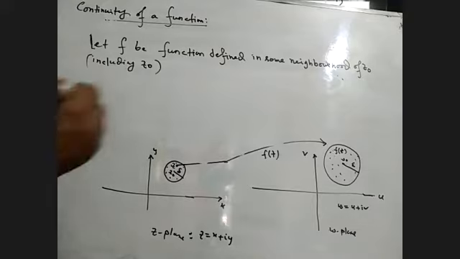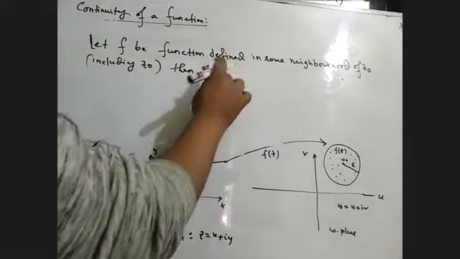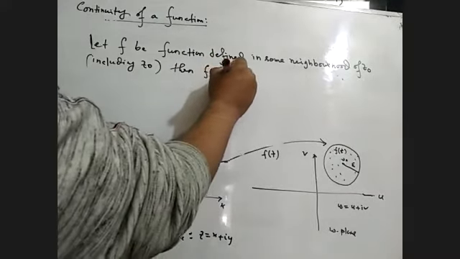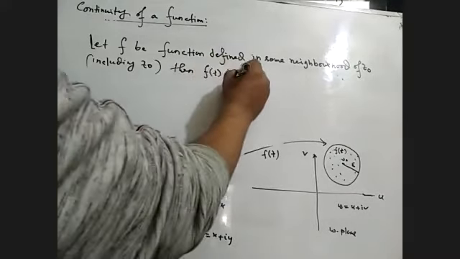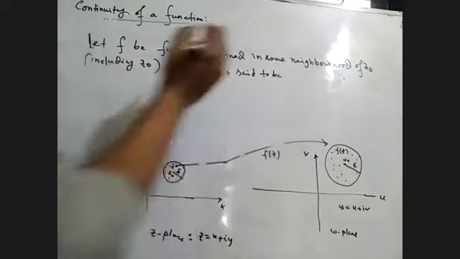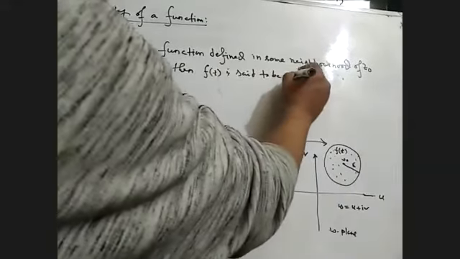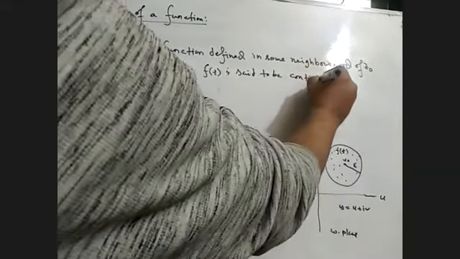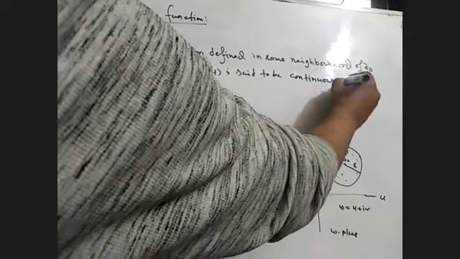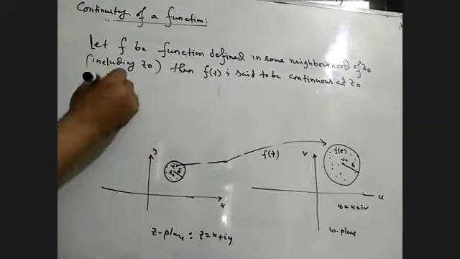Then f of z, a function of a complex variable, is said to be continuous at z naught if the limit exists.